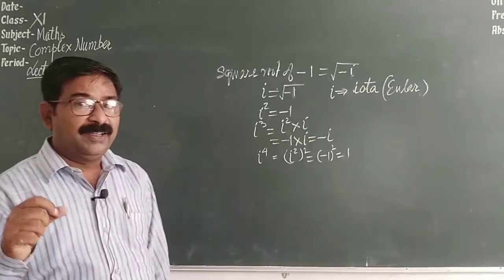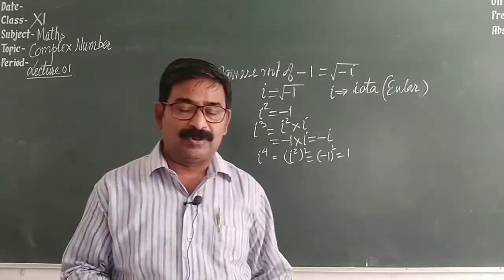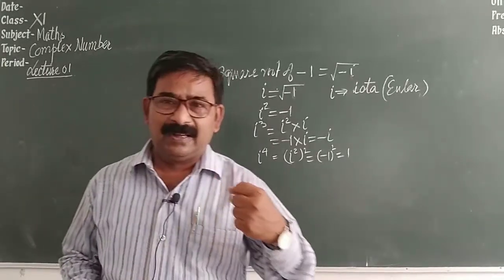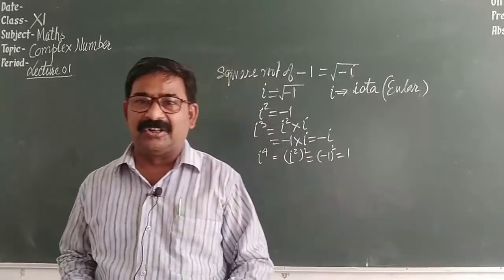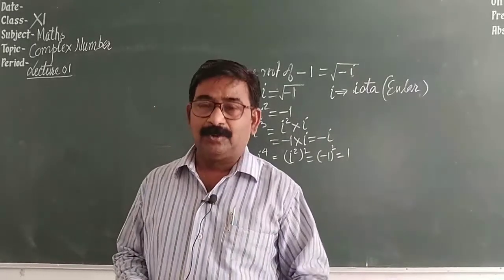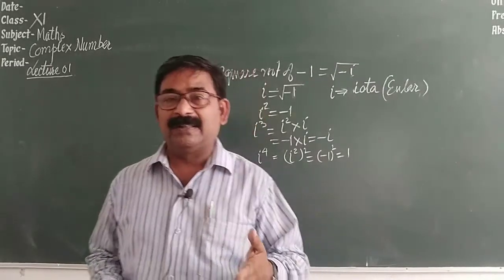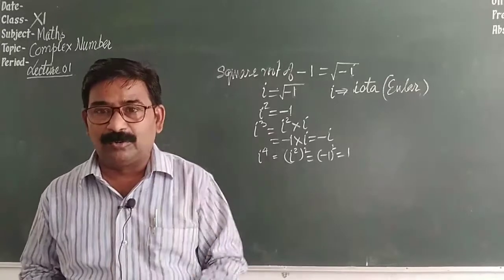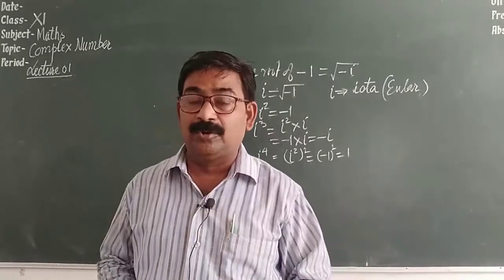Try to understand. Any number you suppose, whether it is a real number, rational number, irrational number, odd number, prime number, whatever it is, that particular number is either equal to 0, or greater than 0, or less than 0.